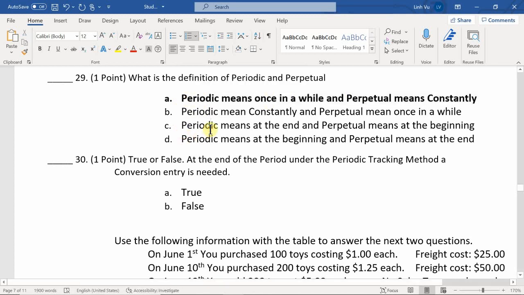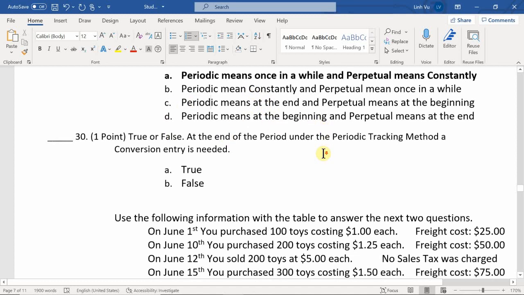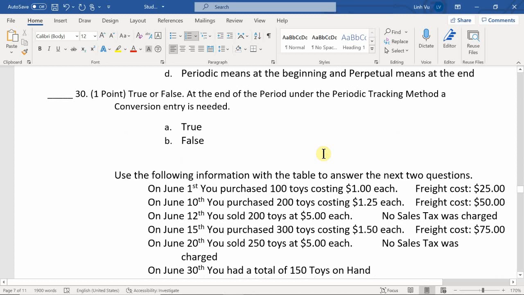Periodic does not mean constantly, does not mean at the end of a given period, nor does it mean at the beginning of the period either. Number 30, true or false? At the end of the period, under the periodic tracking method, a conversion entry is required or needed.